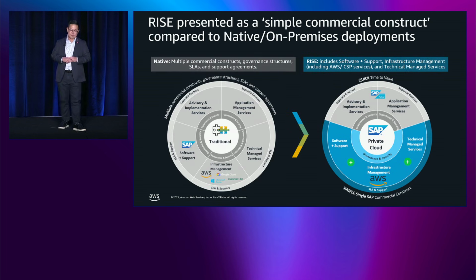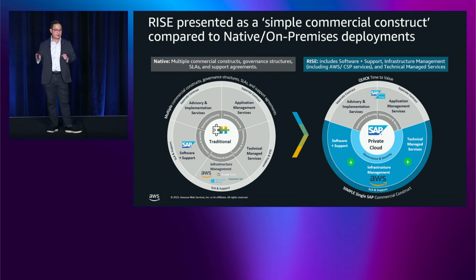So what is Rise? Rise with SAP on AWS stands for a comprehensive business transformation offering that brings together SAP S/4HANA Private Cloud, AWS infrastructure, and the managed services into a single solution.